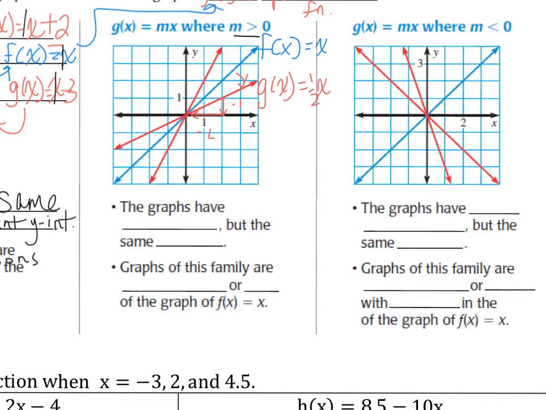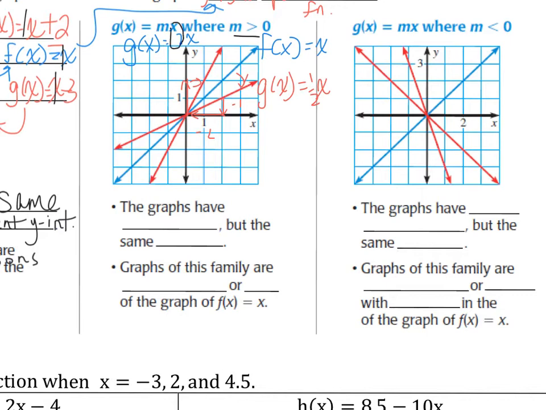And same thing for the other one. 2 units up, 1 unit to the right, so your slope would be 2. So this would be g of x equals 2x.